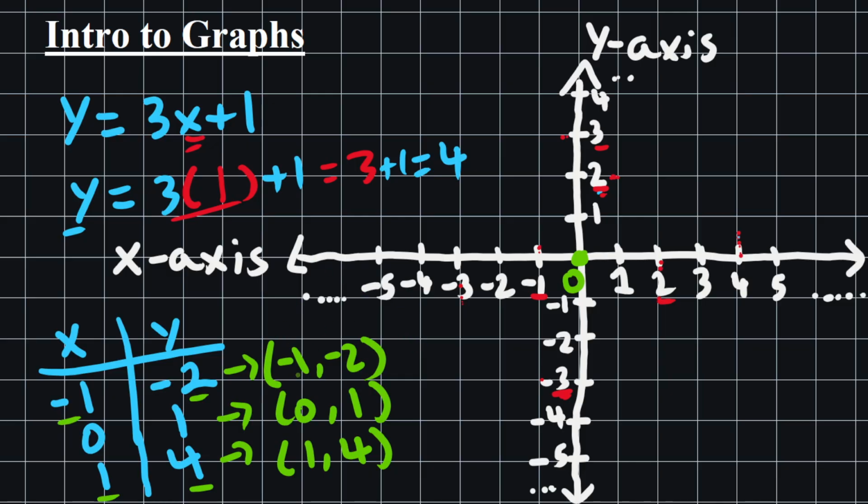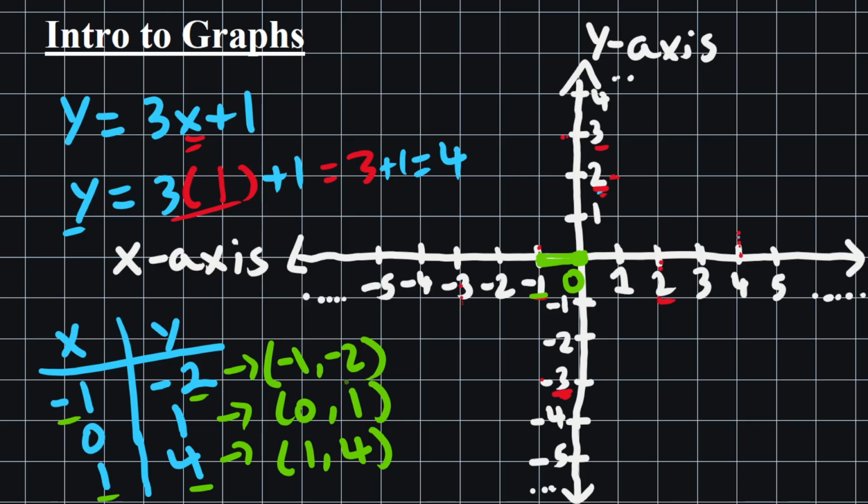So first, let's plot the -1 comma -2. How do we do that? We know the -1 is the x value. So first we move left and right. We start at the origin, and we're going to move either left or right. Which way do we go? Well, -1 is this way, to the left side. And we're going to move one space to this -1 over here. So far we're here.